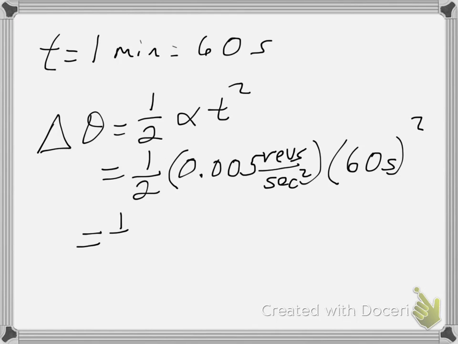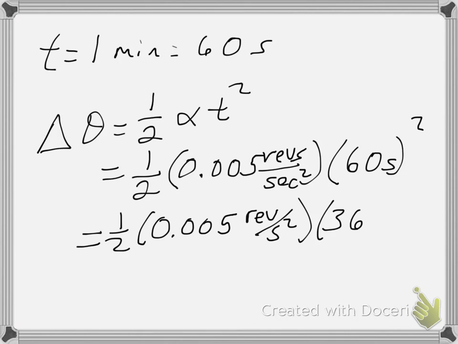So this is going to be 1/2 times 0.005 times 3600 square seconds. That's what 60 squared is. And of course our seconds squared are going to cancel out.